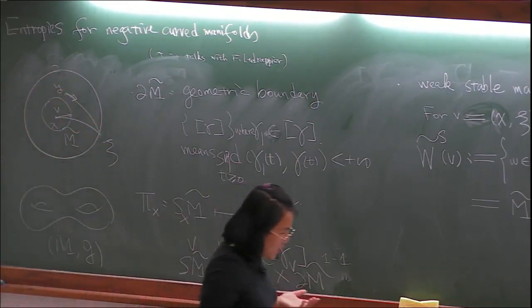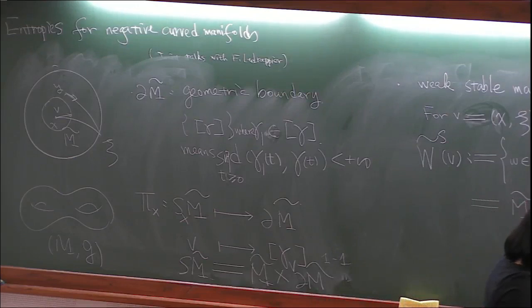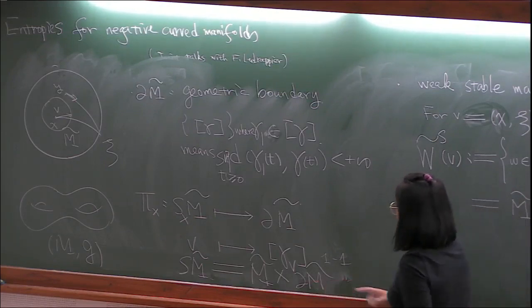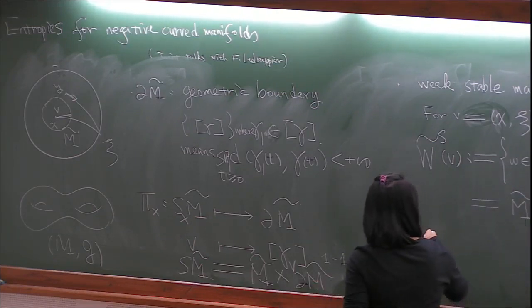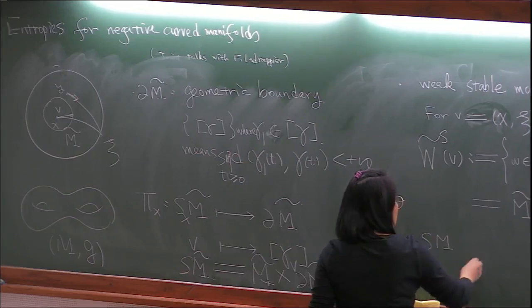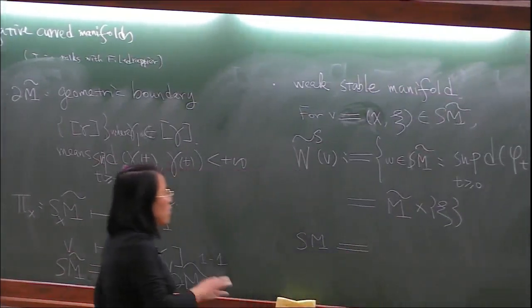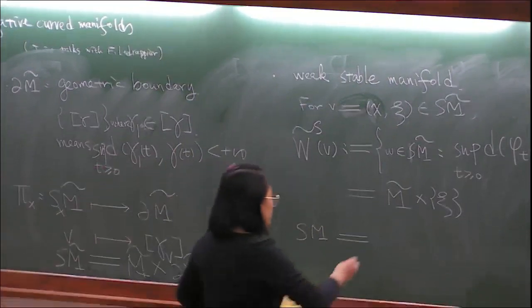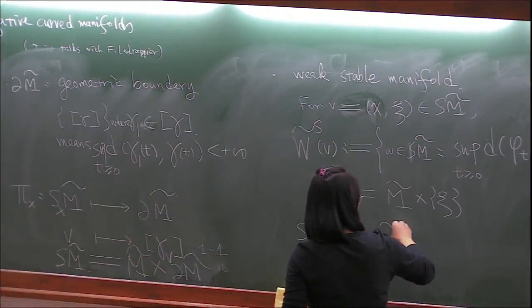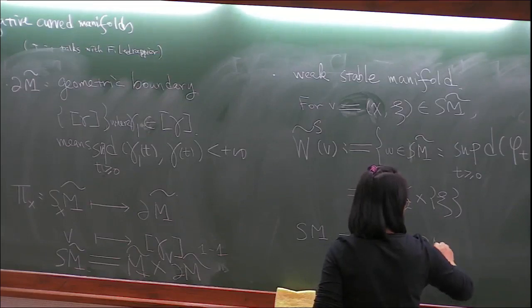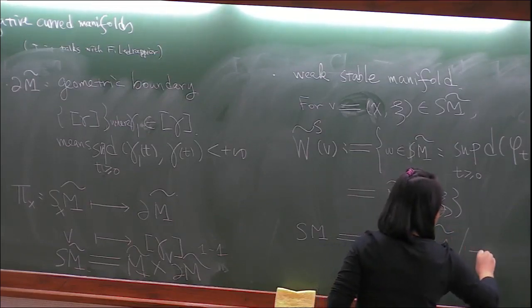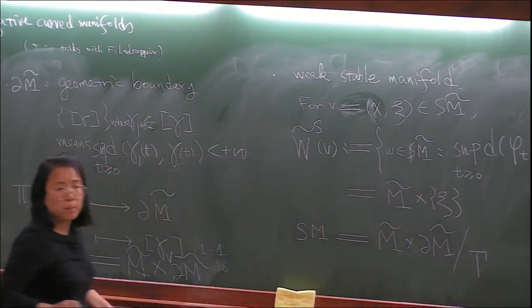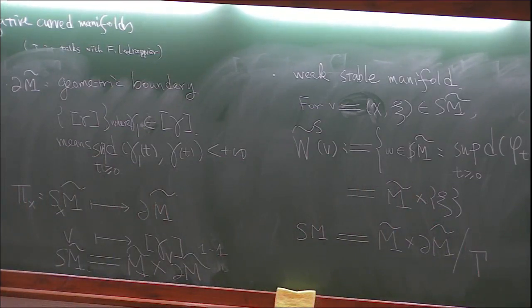So now the fundamental group acts continuously and discretely on M tilde times the boundary, the product of these two. So you see one corollary is that the unit tangent bundle downstairs can be identified with what? With the quotient of the diagonal action of this Γ. Γ is the fundamental group, okay?